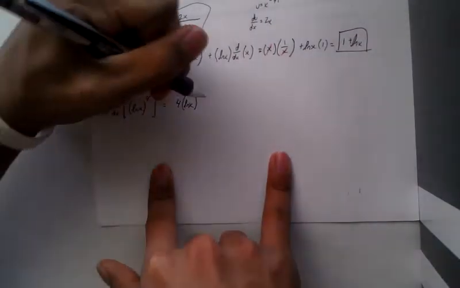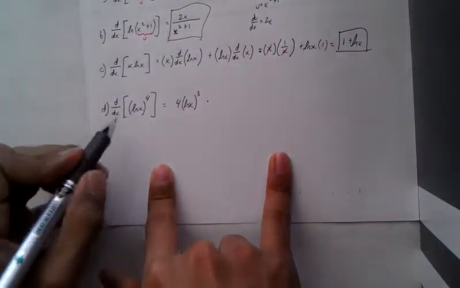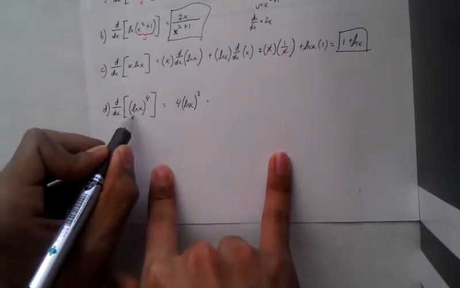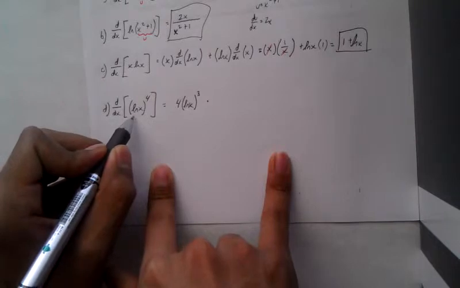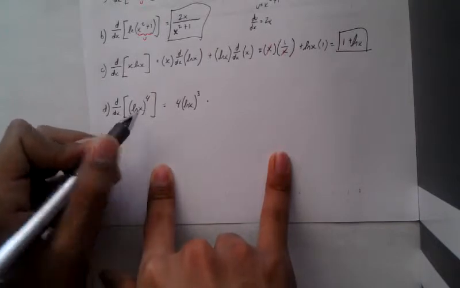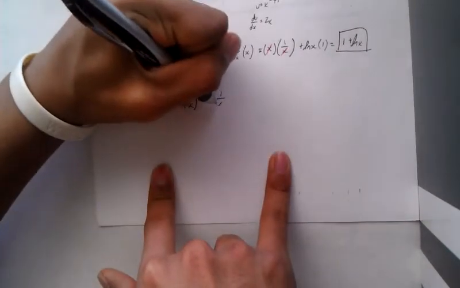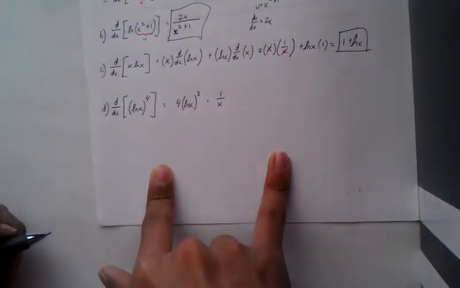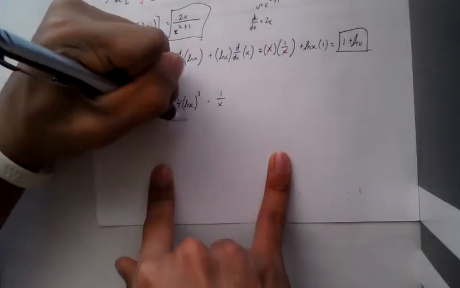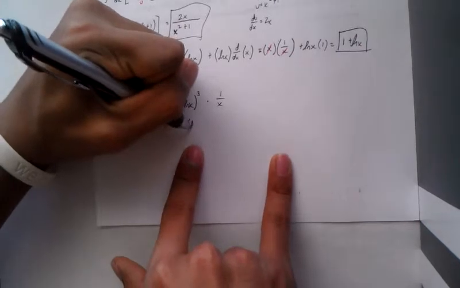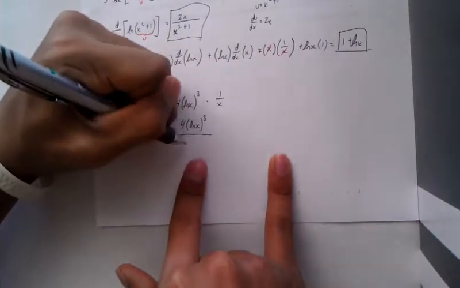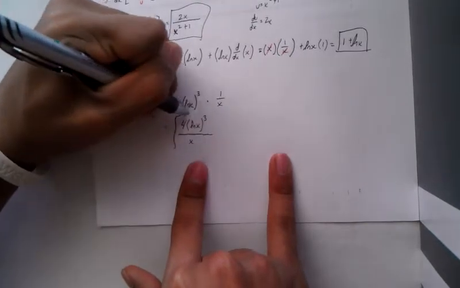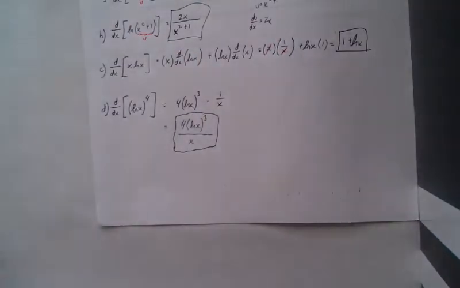Bring the power down by 1, times the derivative of the inside, the derivative of the natural log of x, which is just 1 over x. Simplify it a little bit and you get 4 times the natural log of x to the third all over x.